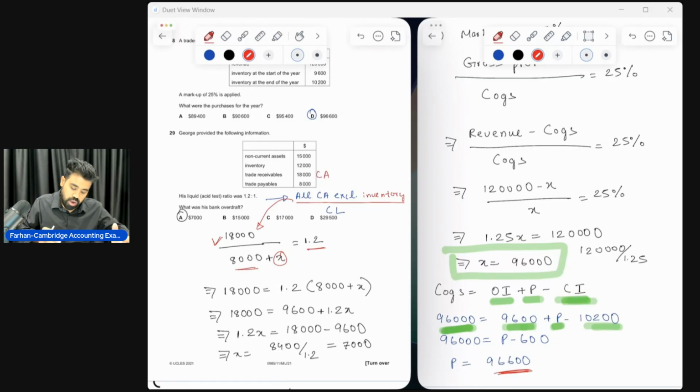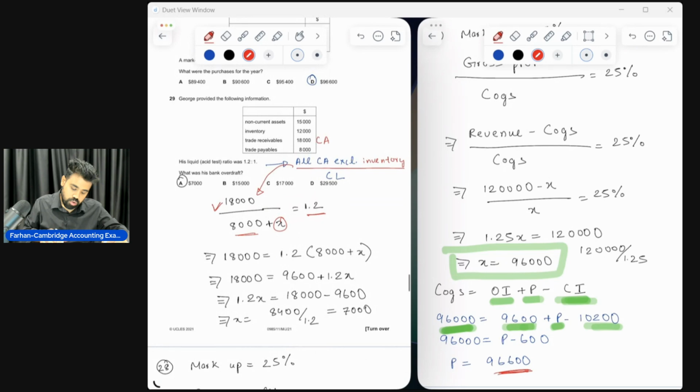So how can we derive it? Here I have elaborated the steps, unlike the previous question for algebra. So see and understand how we derive X, which is the bank overdraft. So 8,000 plus X multiplied with 1.2. So 18,000 must equal that. So then 18,000 is equal to 9,600 plus 1.2X, where we are multiplying everything within the brackets by 1.2.